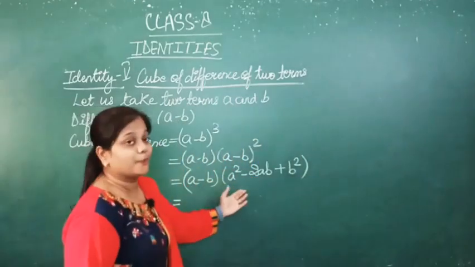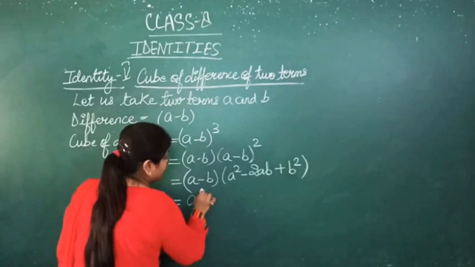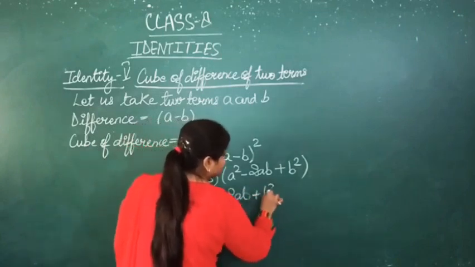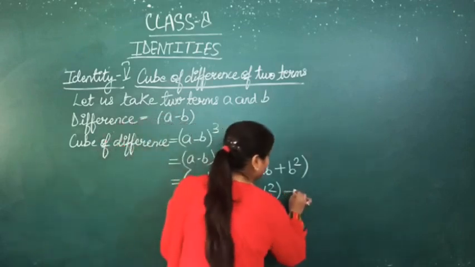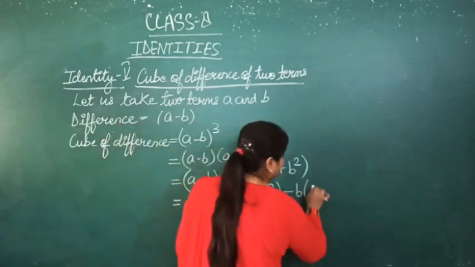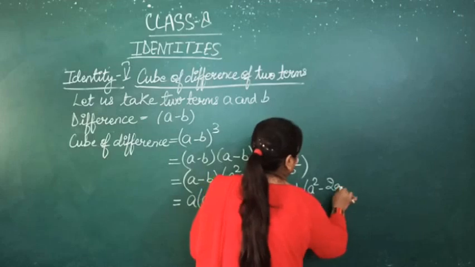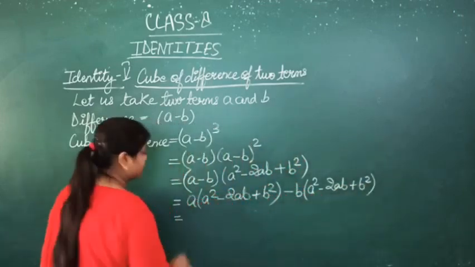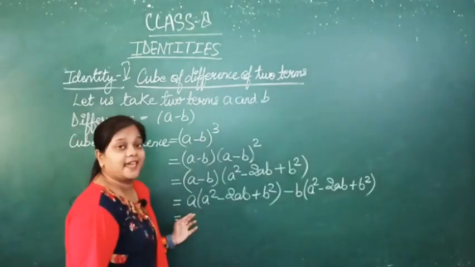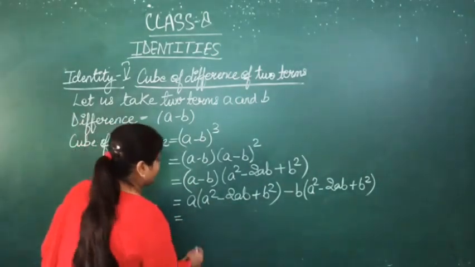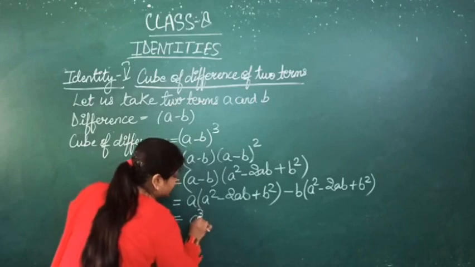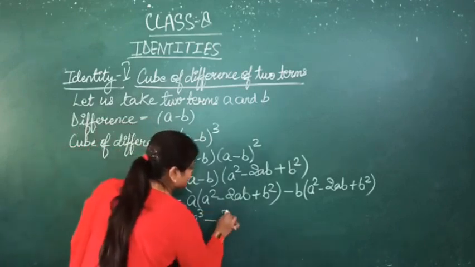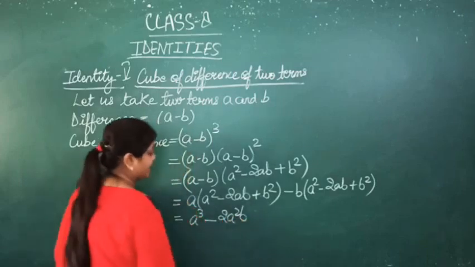Multiplying these two brackets, we can write a into (a square minus 2ab plus b square) minus b into (a square minus 2ab plus b square). Multiplying this a into this whole bracket, we can write a into a square is a cube. A into minus 2ab will give minus 2a square b.